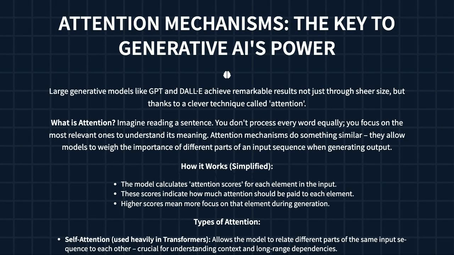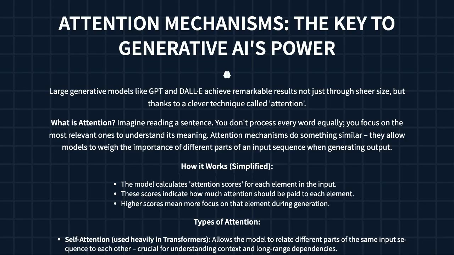Okay, let's dive into something really fascinating: attention mechanisms. These are absolutely vital to understanding how powerful models like GPT and DALL-E actually work. Think of it like this: when you read a sentence, you don't just look at every word with equal intensity, you focus on the most important ones. Attention mechanisms do exactly that for AI.